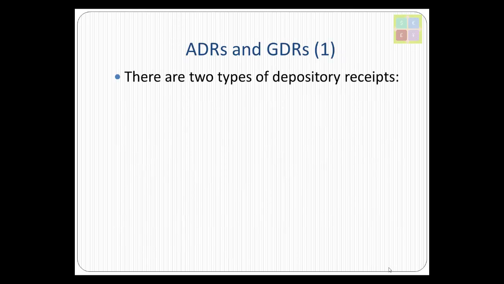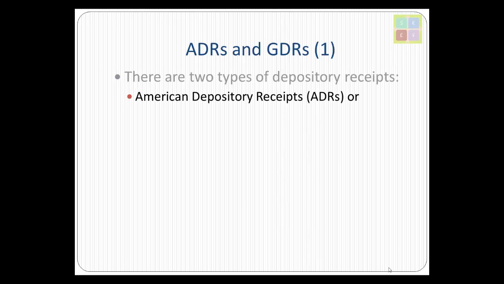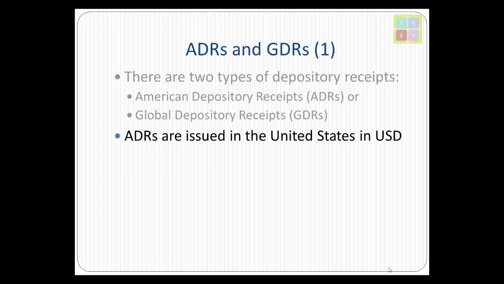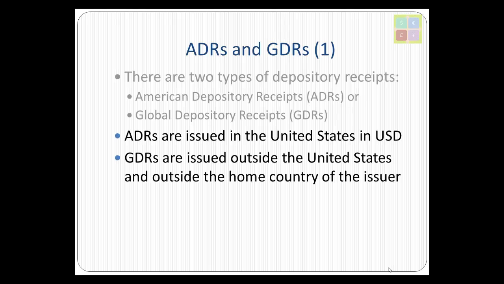There are two types of depository receipts: American Depository Receipts, or ADRs, and Global Depository Receipts, or GDRs. ADRs are issued in the United States in US dollars.